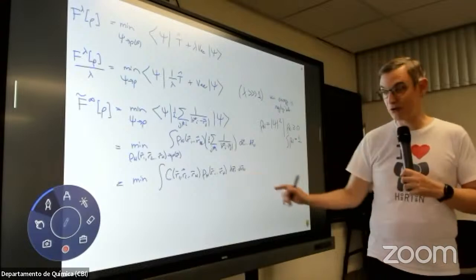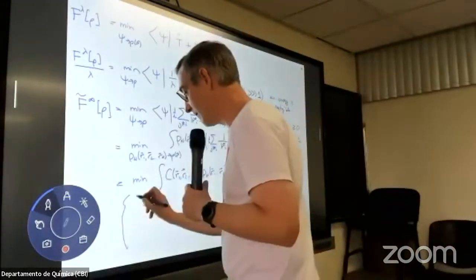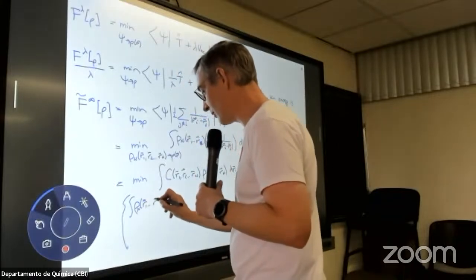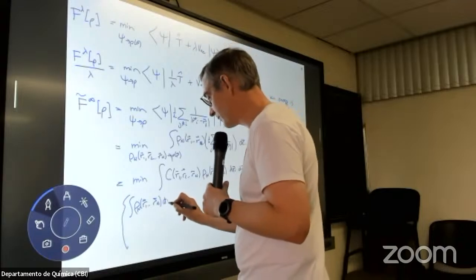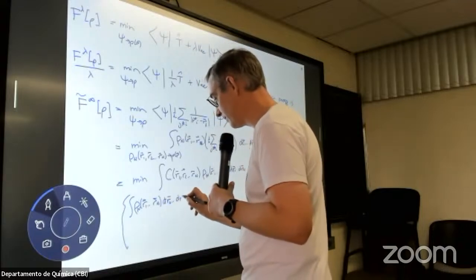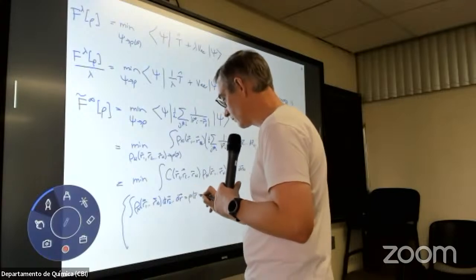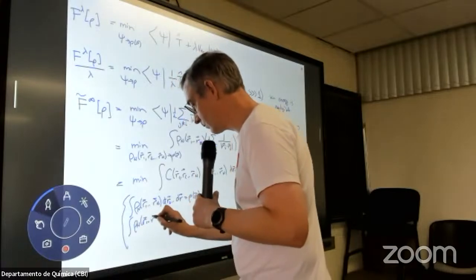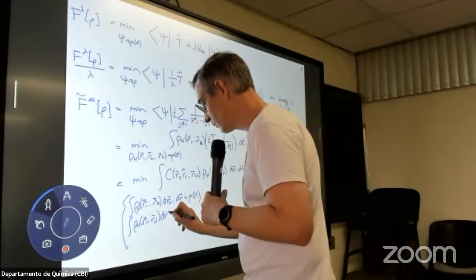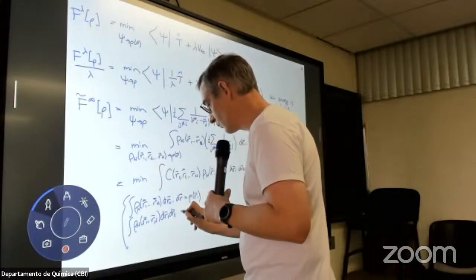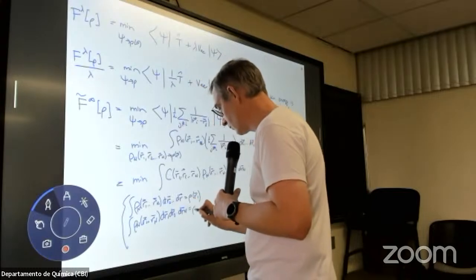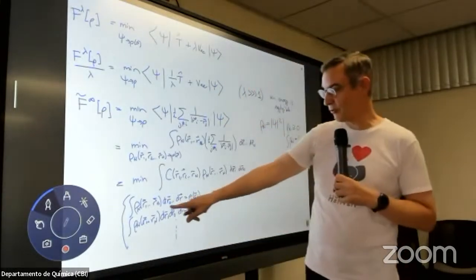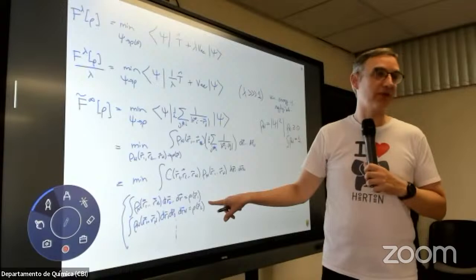Here's a distribution function, and the only constraints that I have are that the integral of rho n of R1 up to Rn, if I leave out the first electron, I get the electron density as a function of the first electron.